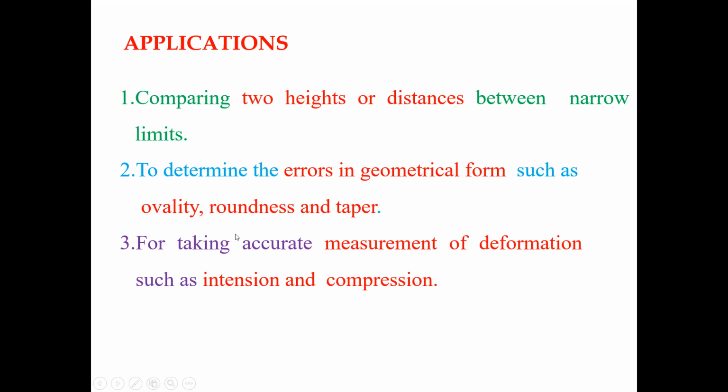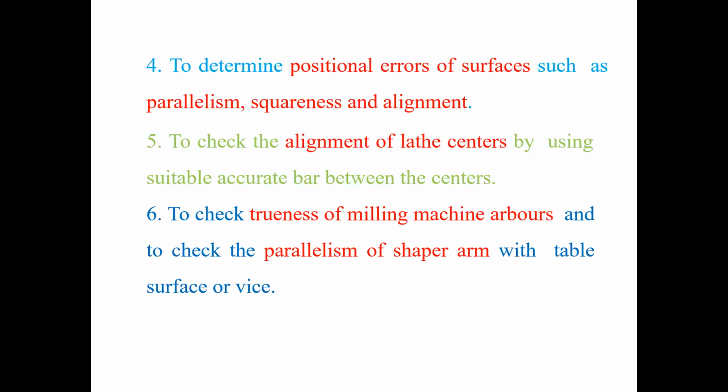Next, it is also used for taking accurate measurement of deformation, such as in tension and compression. If you want to measure the deformation, these dial indicators are used. Coming to the fourth application, it is also meant for determining positional errors of surfaces, such as parallelism, squareness, and alignment.